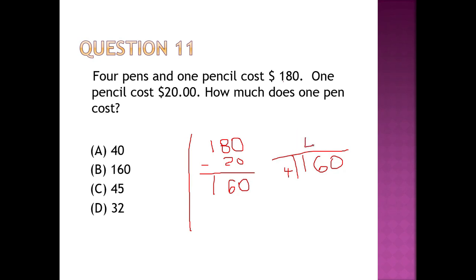We know our math, right? 4 times 4 is 16. So 160 divided by 4 is 40. So 1 pen costs 40.